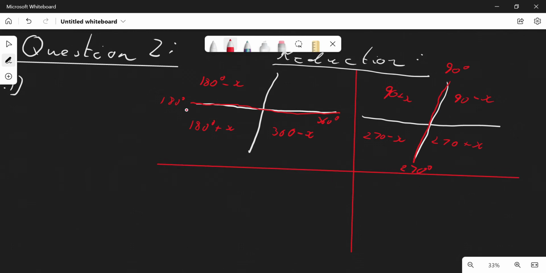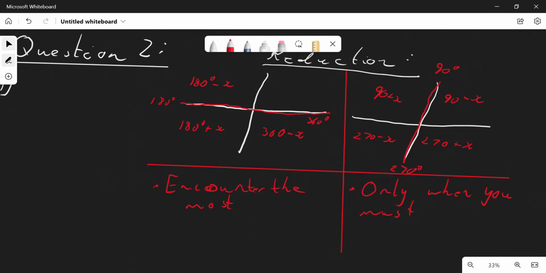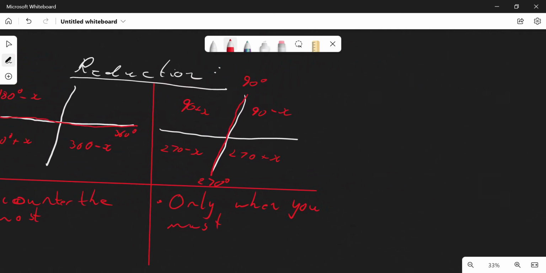These ones here you will encounter the most. And you use these ones only when you must. Okay, but these ones are the ones that have a lot of really special quirks.